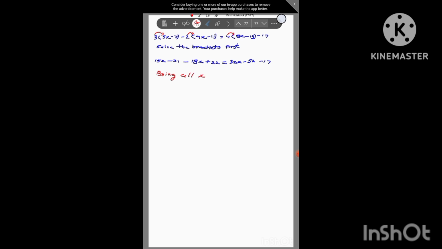Now after all this, bring all x on one side and constants on the other side. Generally we take the unknown like x on the left hand side and constants on the right hand side, though there is no such hard and fast rule, it is just a practice.